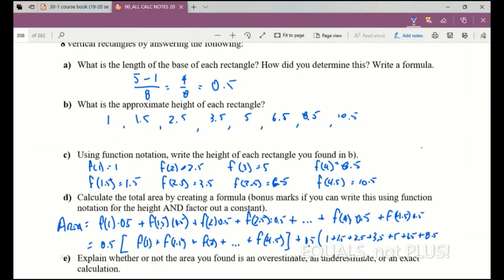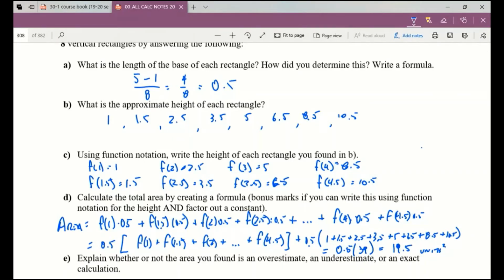If we add all these together, we end up with 0.5 times 39, so we end up with 19.5 square units. Keep in mind that when we did this with graph 1, we got an answer of 17 square units. We said at that point it was an underestimate for our graph.